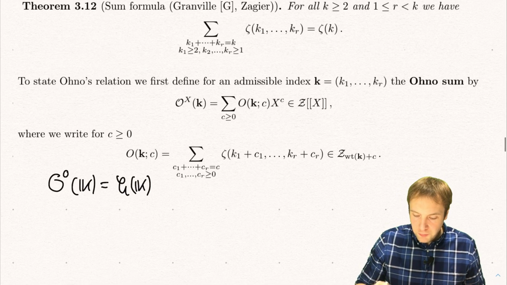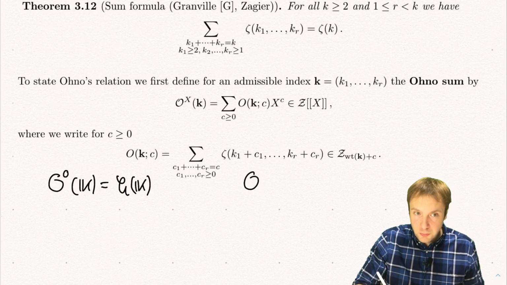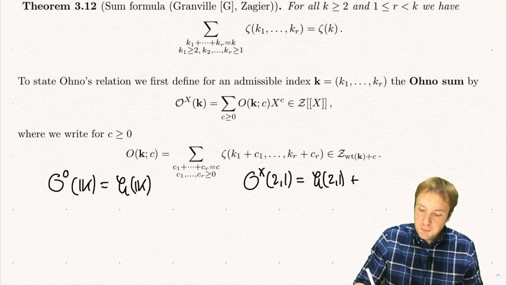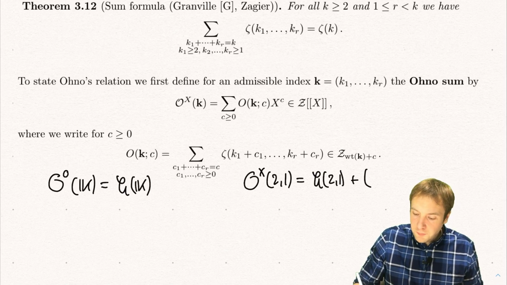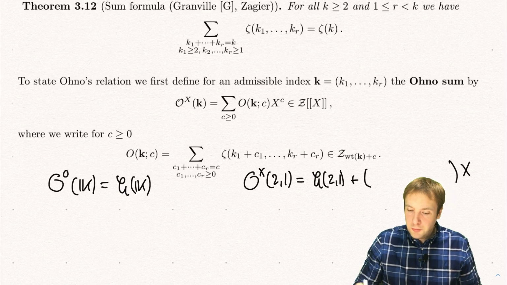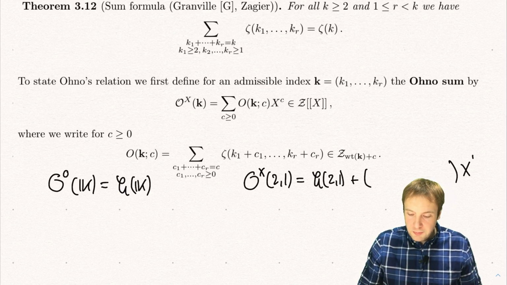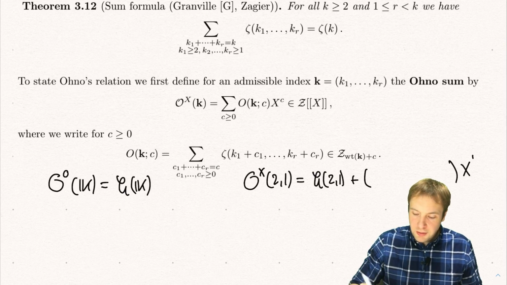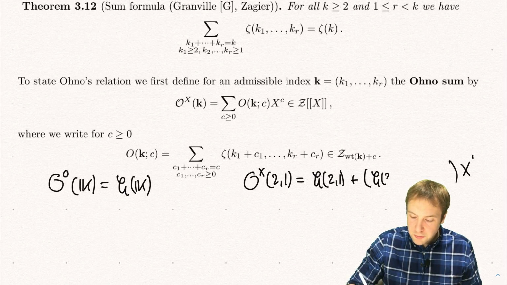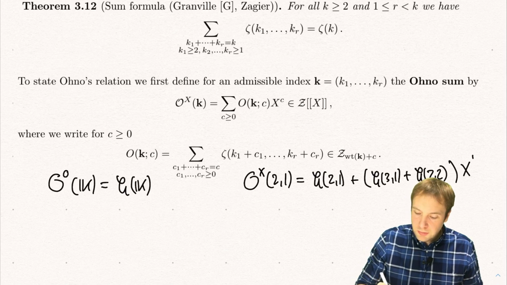So, for example, what is O_X(2,1)? This is zeta(2,1), the constant term, plus, and now the coefficient of x, so in the case c equals 1, I can add the weight 1 at different places, so I could put it in front, zeta(3,1), or I could put it at the end, so zeta(2,2).